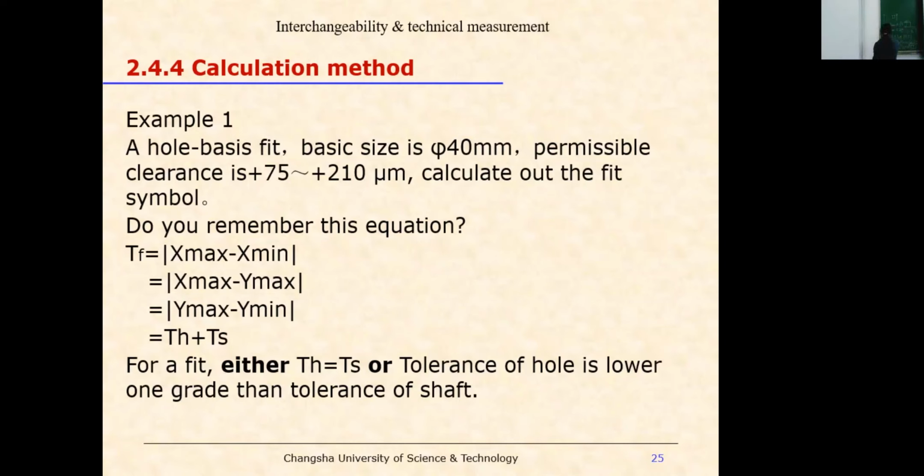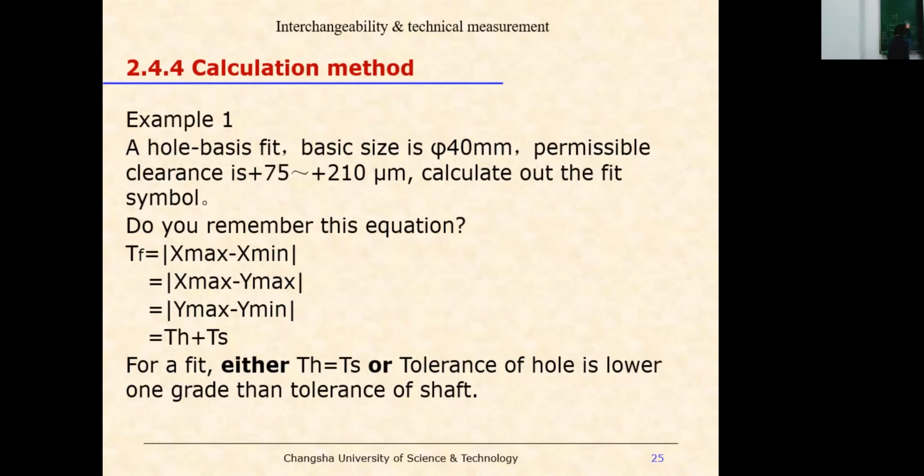So the IT, and then we choose. So and then this is the hole H line, right? The shaft is also 9, but how can we choose this one, right? We should choose this one, right?